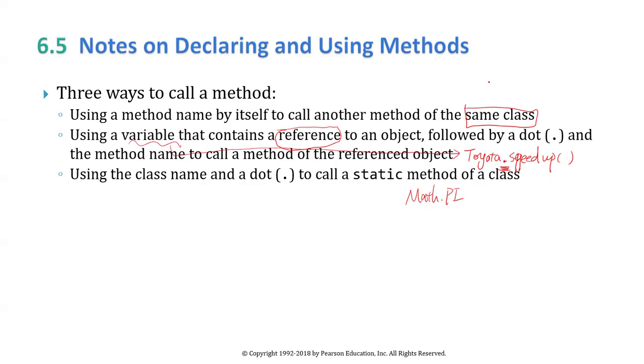And for the first one, using a method name by itself to call another method of the same class, well, it is a little bit different, but easy to understand because they are in the same class. They are using the same class. So maybe in our lab, we will demonstrate it. But currently, let's forget about it.